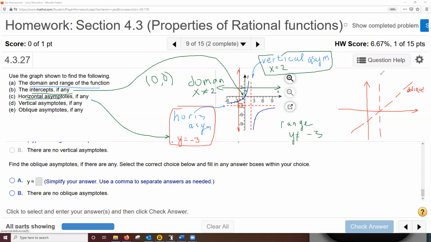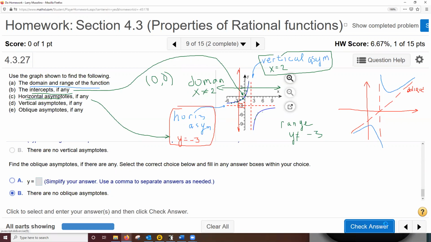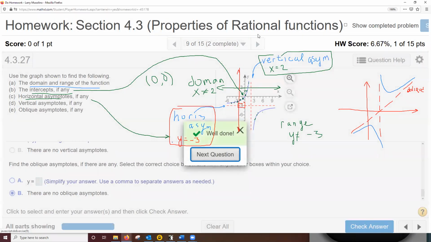It might get closer and closer to the vertical asymptote and then closer and closer to the oblique asymptote. And maybe here we do the same thing. But in our example, there are no oblique asymptotes. Our asymptotes here are only horizontal and vertical. So the answer to this question is no oblique asymptotes in this graph. All right, folks, hope this is helpful as you're working with horizontal and vertical asymptotes.